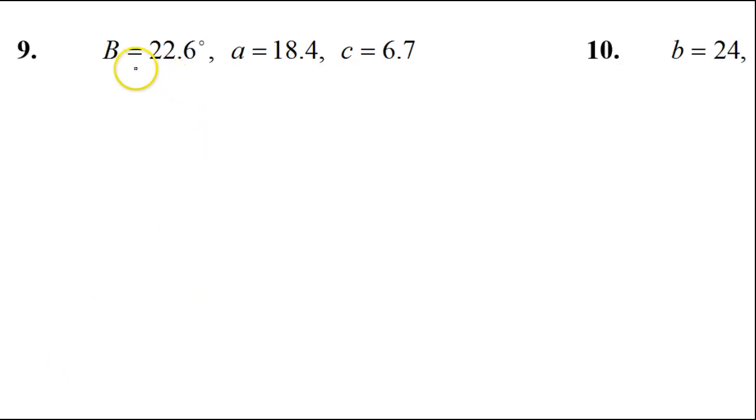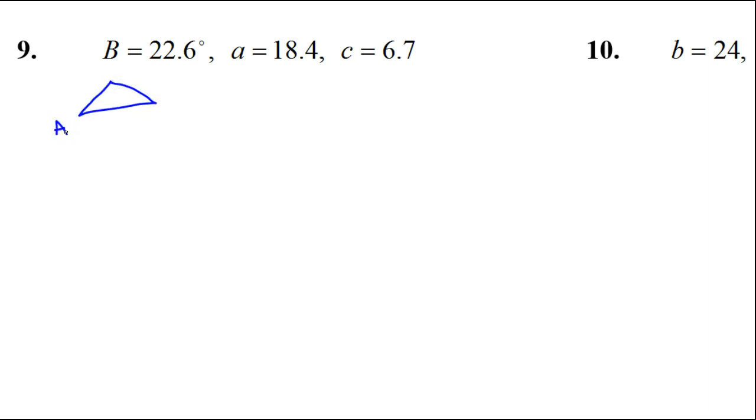Alright, once again, for number 9, we are given an angle and two sides. I have a feeling this is going to be side, angle, side. If you weren't sure, you could just do a quick sketch.